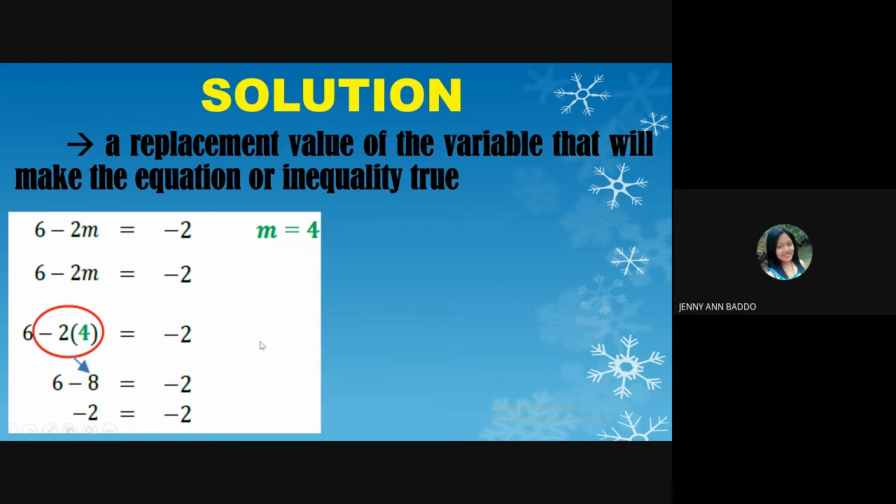To do that, we have to substitute the value of m, which is 4, to the given equation, and we must arrive at a true statement. Let us see. 6 minus 2 times the value of m, which is 4, equals negative 2. 6 minus 2 times 4, that's 8, equals negative 2. Simplifying 6 minus 8, we have negative 2 equals negative 2. Therefore, 4 is a solution of the given equation.